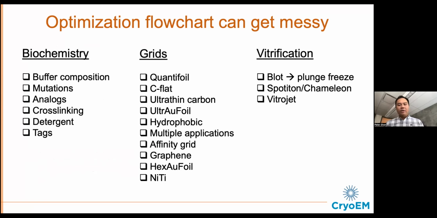And you can imagine that the combinatorial possibilities of trying a matrix of different strategies will quickly get out of control. So as awesome as cryo-EM is, it still has the major disadvantage that the throughput of screening samples is extremely slow. We don't have anything like a crystal tray to screen a bunch of conditions.